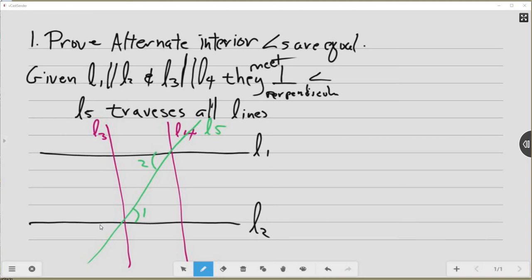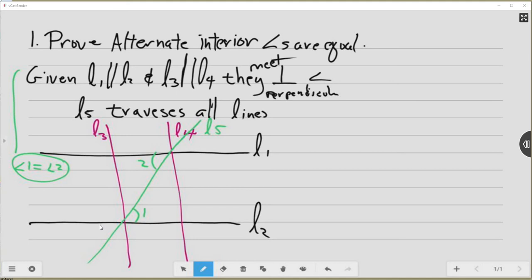All you have to do is show angle 1 is equal to angle 2, and we're done. Any questions on what's given? We got 2 parallel lines, and this parallel pair is perpendicular to the other parallel pair.